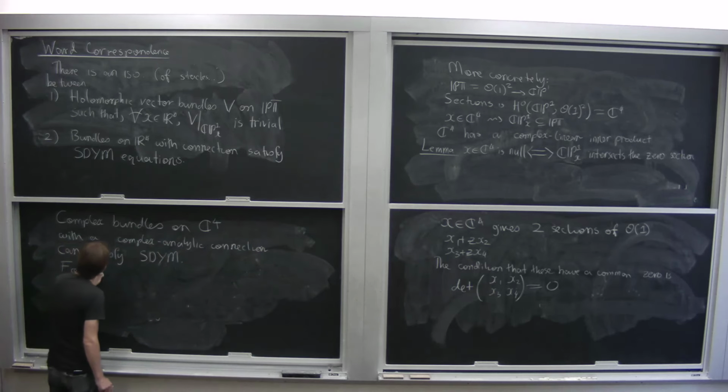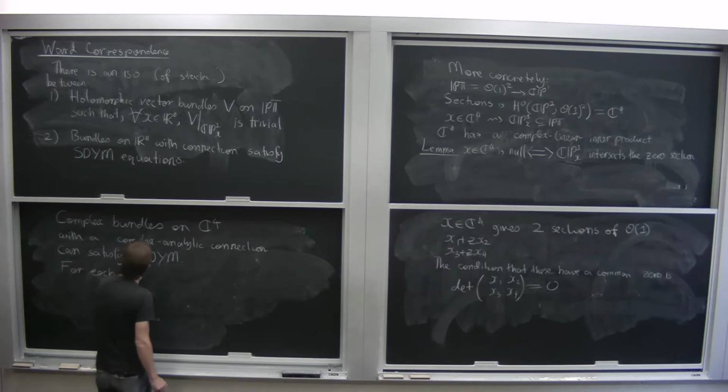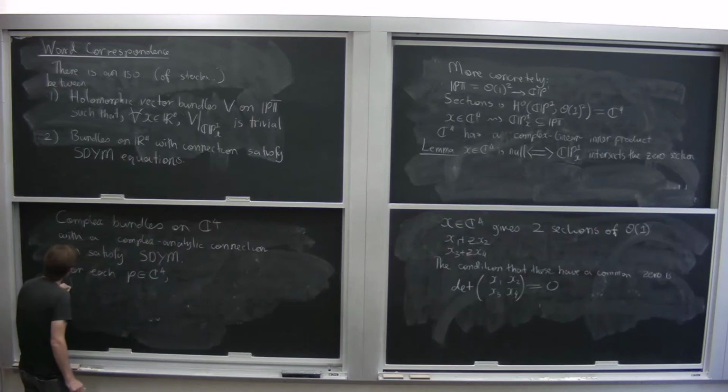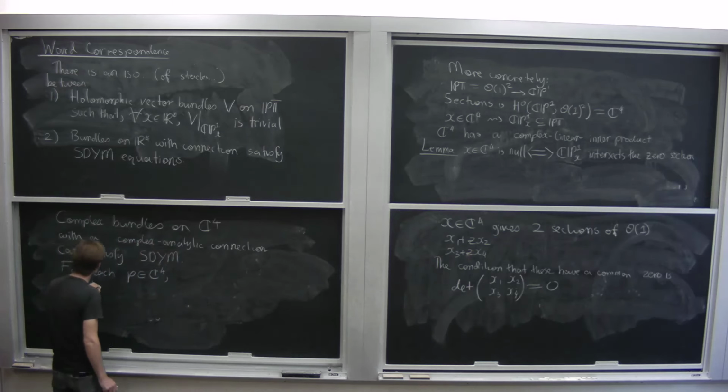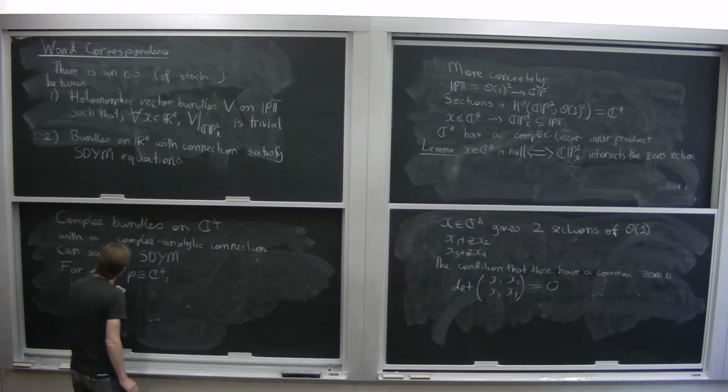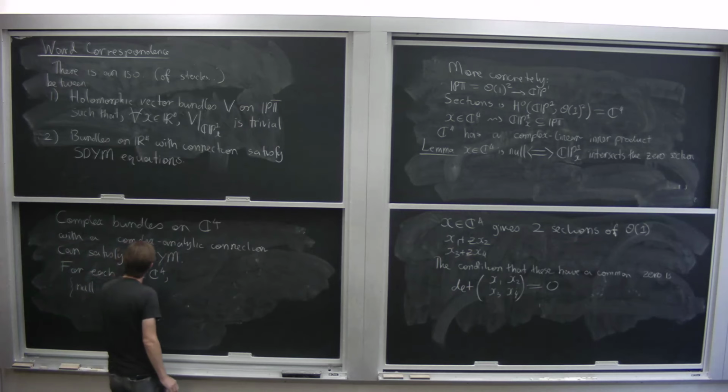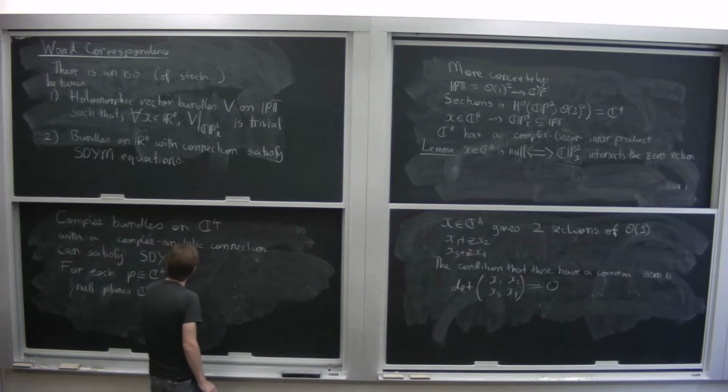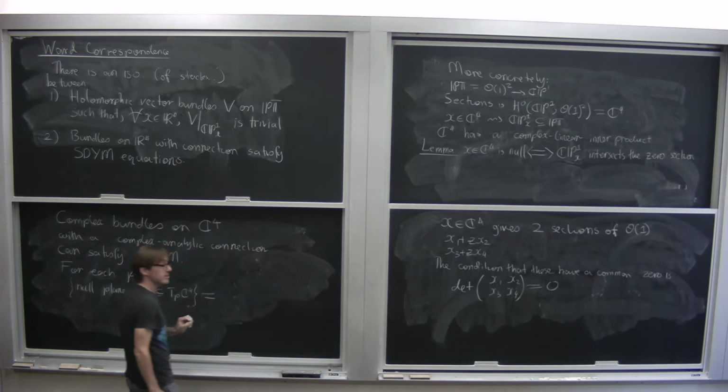For each P in C4, a collection of null planes; well, this turns out to have two components.